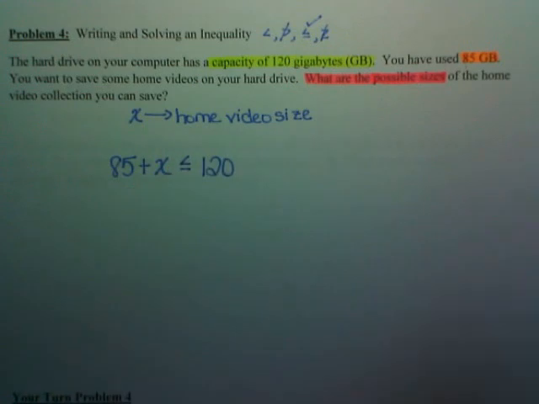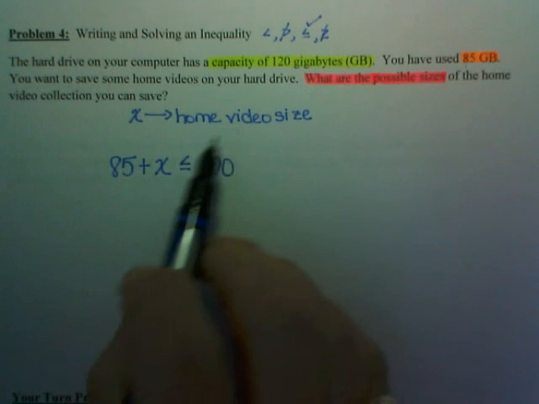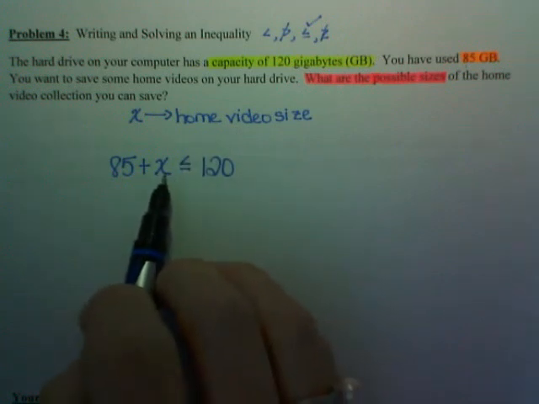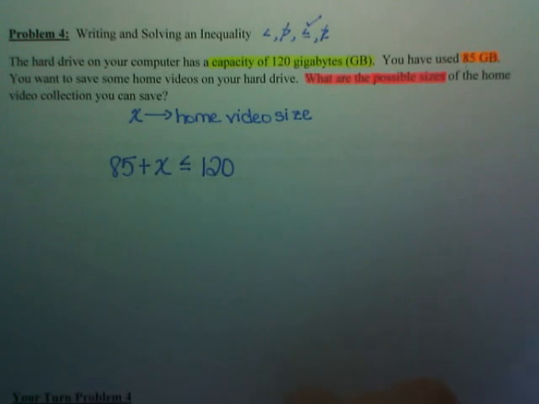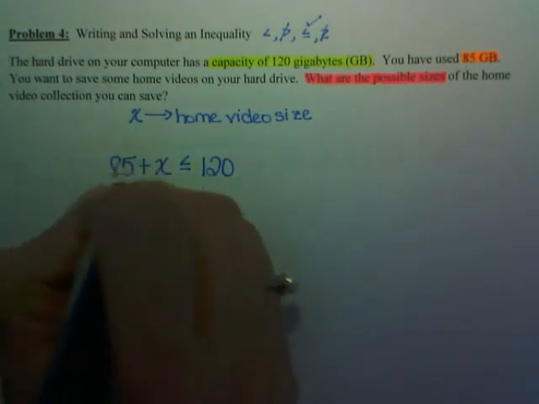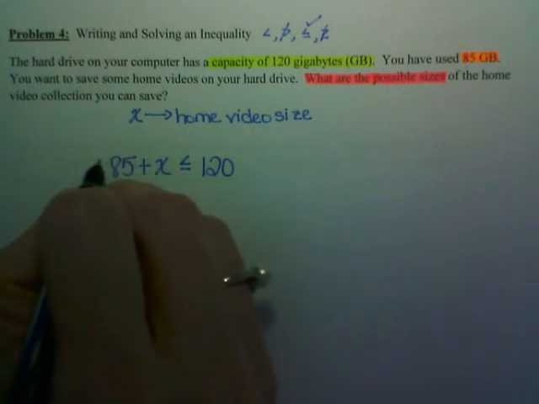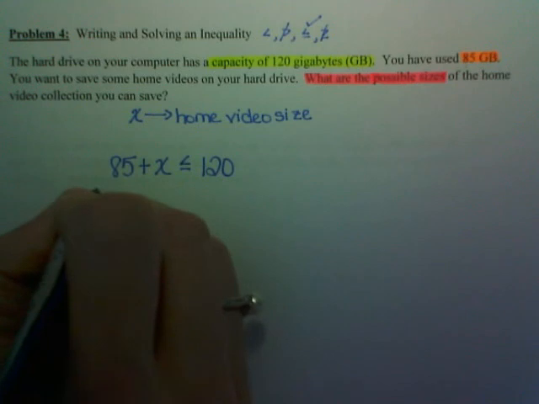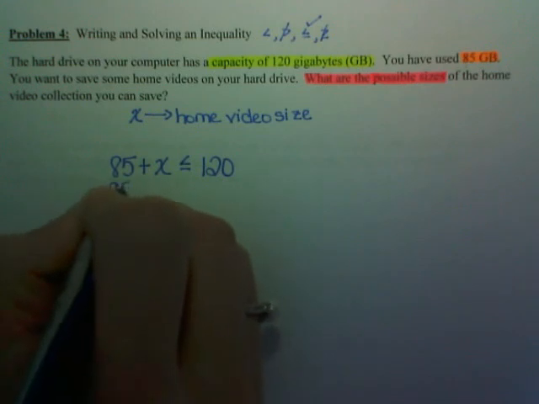So you've written your inequality. We've defined our variable. We've written our inequality. So now what we need to do is solve this for x to determine the different sizes we're allowed to have for our home videos. So this is understood to be a positive 85. There's not a symbol or a sign, so it's understood positive. The inverse of a positive 85 is a negative 85.